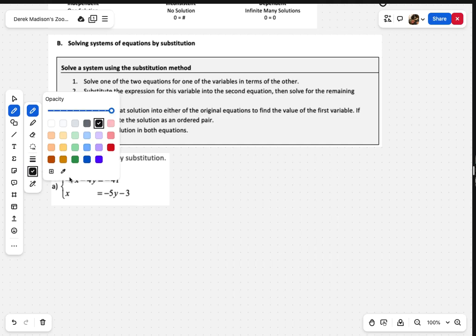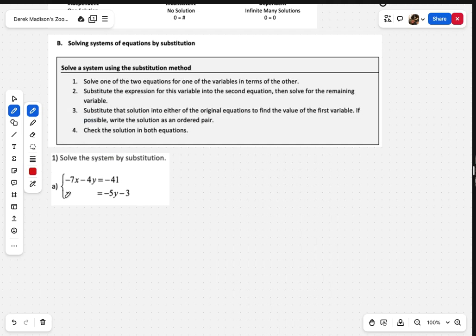And then step 2, we do the substitution. So since x equals negative 5y minus 3, I'm going to end up substituting that into the other equation for the x. And then I'll have an equation all in terms of y, and I'll be able to solve. When we do that, we'll have y equals, and then we'll do what's called back solving, plugging that into, we can plug it into either equation, but this one's easier because it's already solved for x.